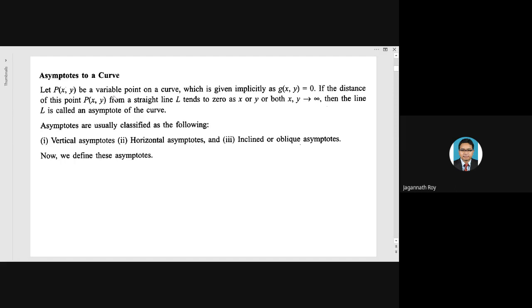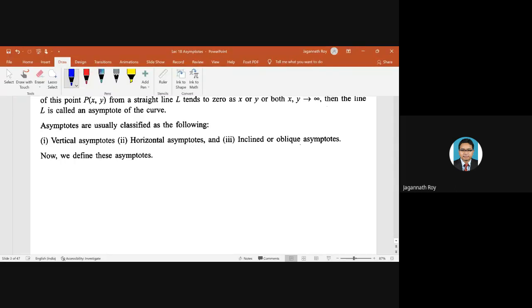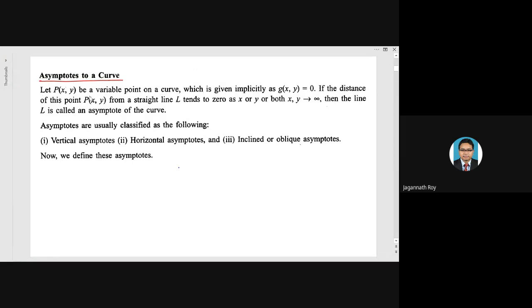Asymptote to a curve. So given a curve, for example, a curve is given, and a variable point P(x, y). The point is varying its position. It is a variable point, so you can go there in this way.